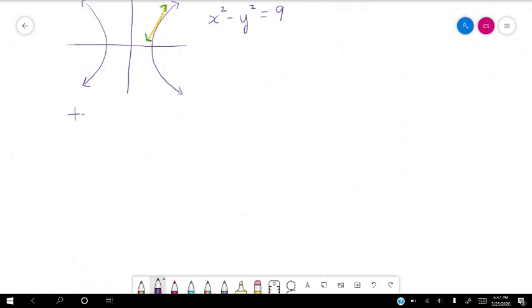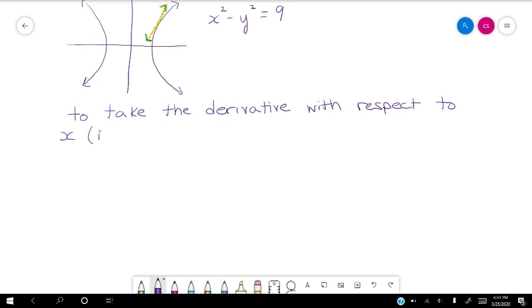So to do our implicit differentiation, to take the derivative with respect to x, all right, and in general, that just means the independent variable. So y is the dependent variable. We're going to take the derivative with respect to x of both sides.